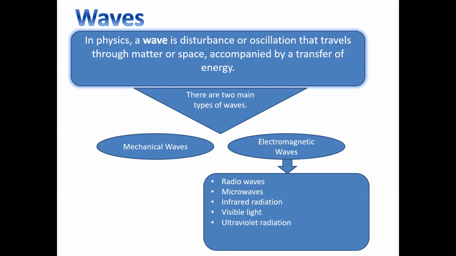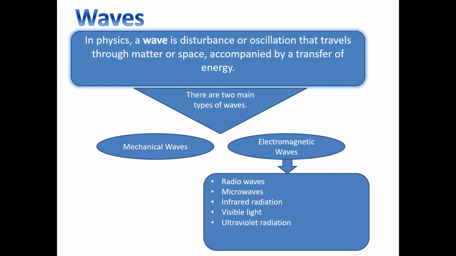Radio waves, microwaves, infrared radiation, visible light, and ultraviolet radiation. These are the types of electromagnetic waves. We are going to look at only microwaves.